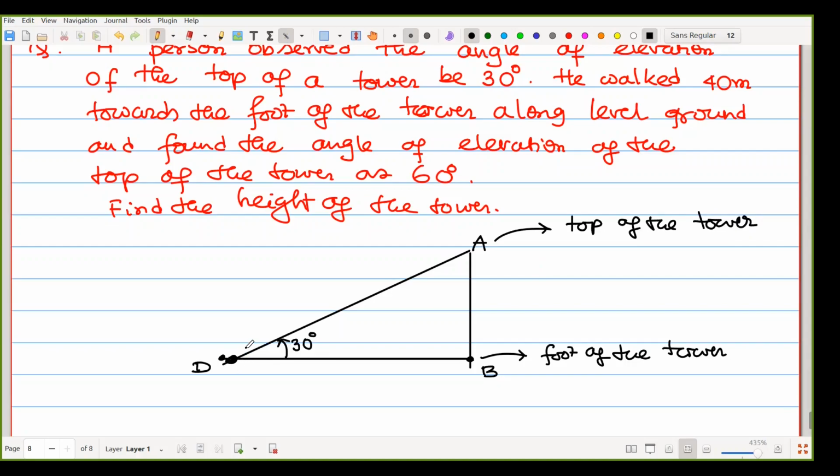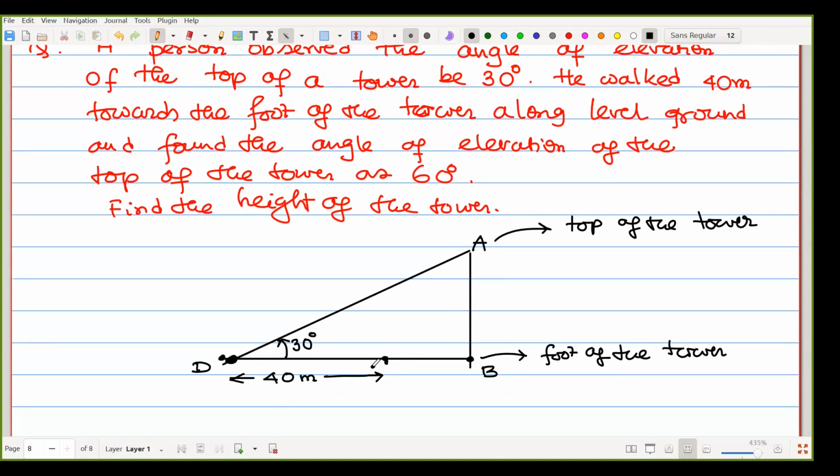Okay, he walked 40 meter towards the foot of the tower. Foot of the tower is here, and A is the top of the tower. The person is here now. He has walked along the path to the foot of the tower. That means after 40 meter he has moved, and suppose that is the position.